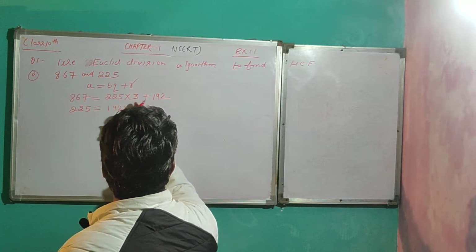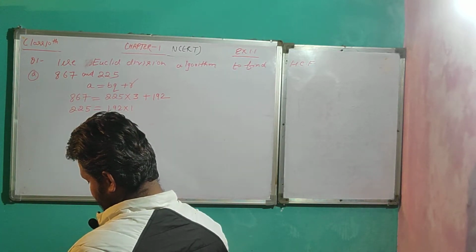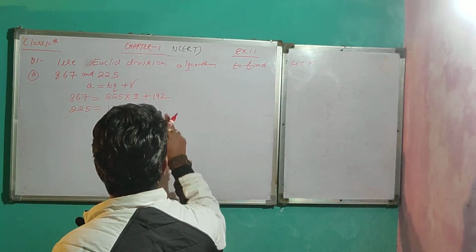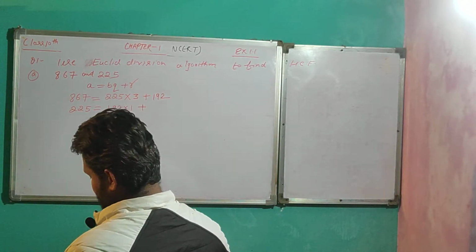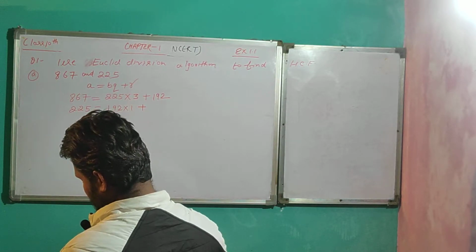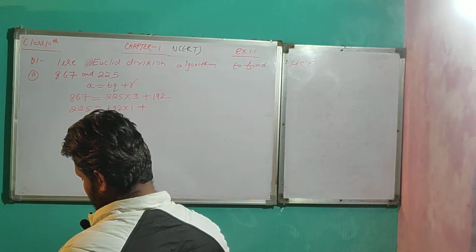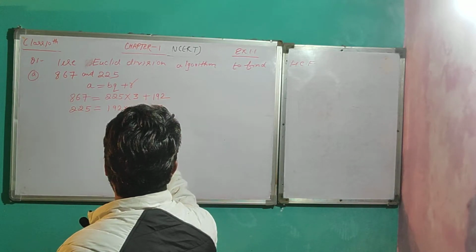Okay, this is 867 minus 675, this is 192. Again 225 is equal to 192 plus, 225 minus 192, this is 33, remainder 33.